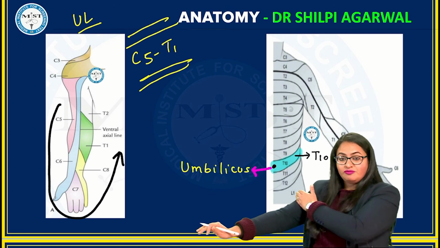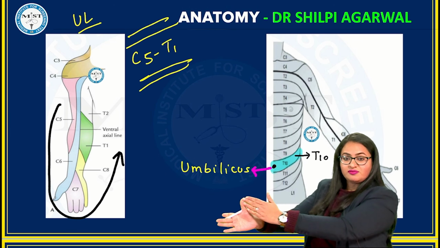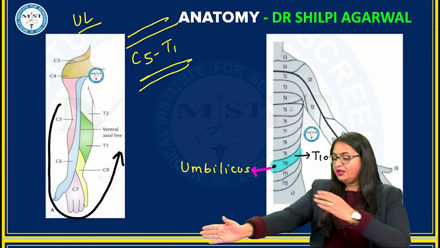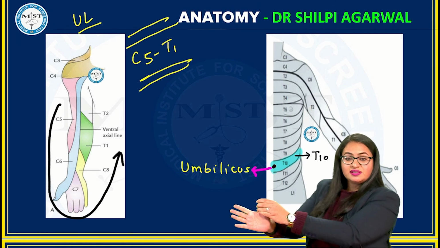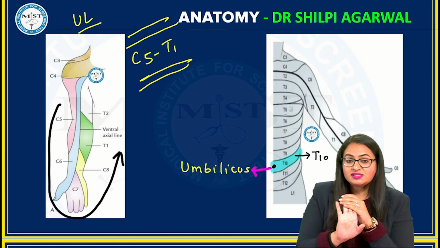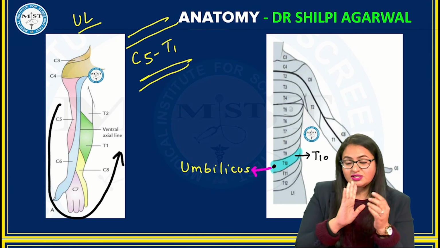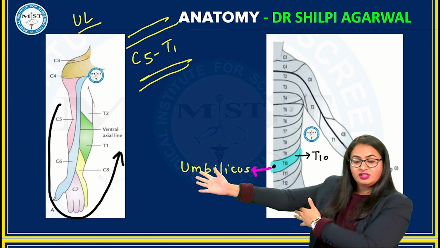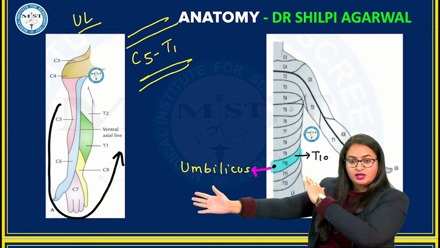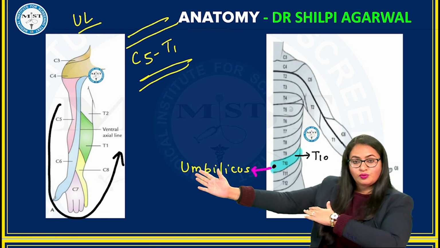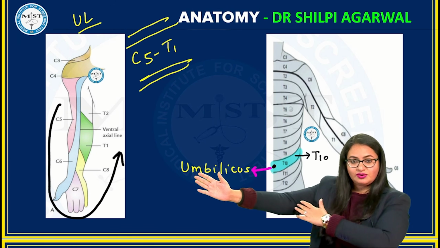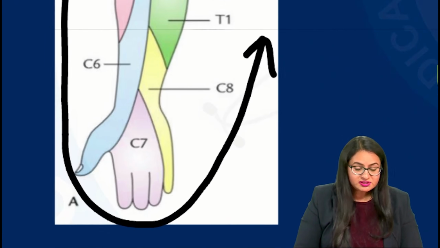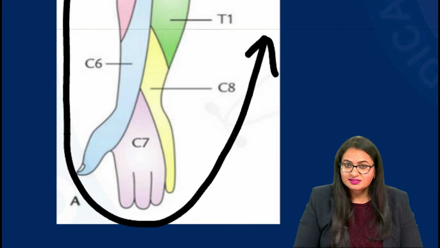C5, C6, where C6 goes till the thumb, C7 is the middle three fingers, C8 is the little finger going on the inner side, and T1 and T2 go towards the axilla. So the distribution is from the outer to the inner side. Therefore the thumb has the dermatome C6.